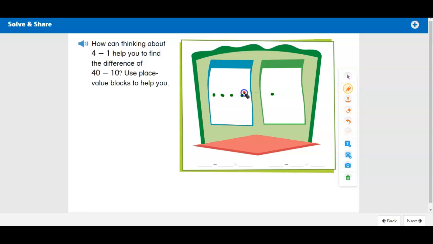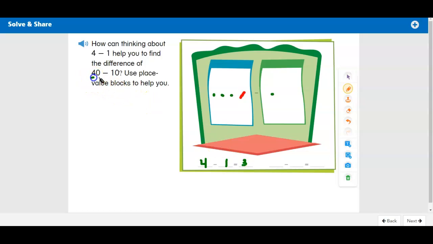It could be getting rid of this 1 here and moving it over here. Once I do that, I have 1, 2, 3 left. I know that if I have 4 and I take away 1, I would have 3 left.